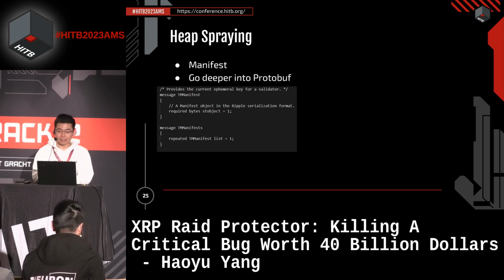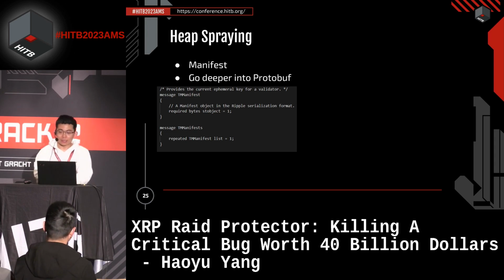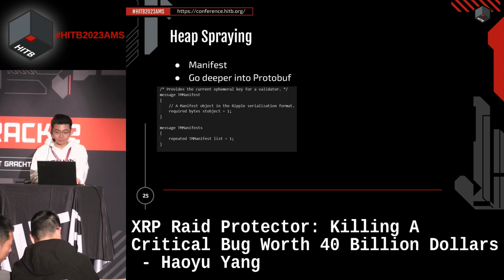And another idea came to my mind when I saw the protobuf definition of the manifest message. The TM manifest message holds only one field, and the type of the field is bytes, which is a variable length array. And the TM manifest message can hold any number of TM manifests.